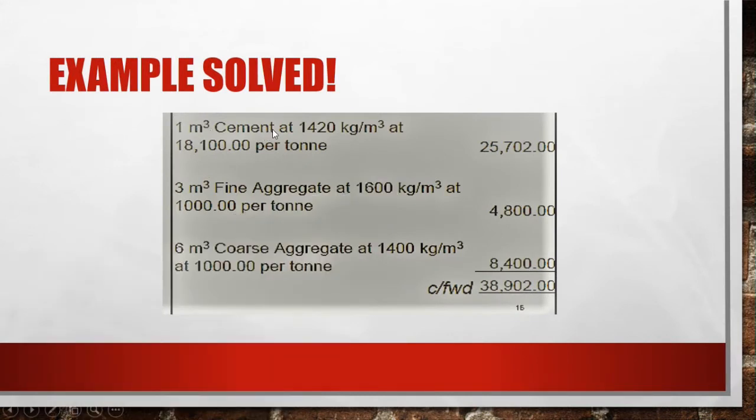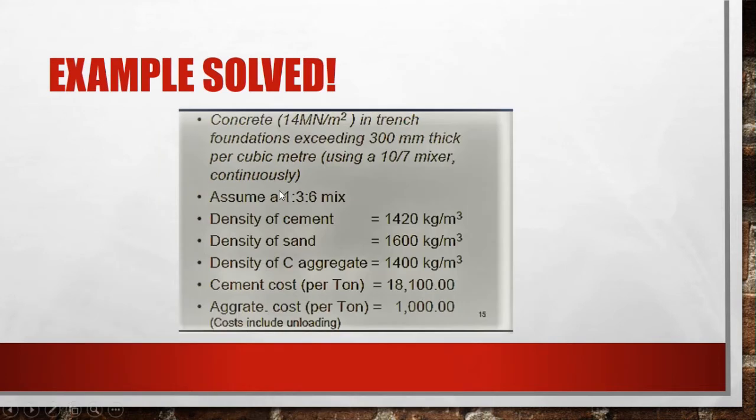For 1 meter cube of cement with a density of 1420 kilogram per meter cube, at 18,100 shillings per ton, the volume of cement used in the ratio is 1 meter cube.